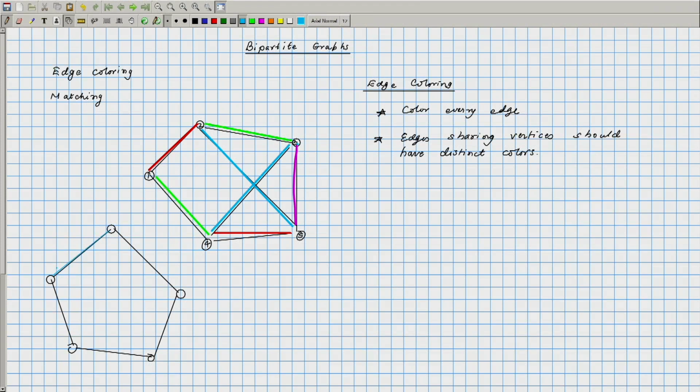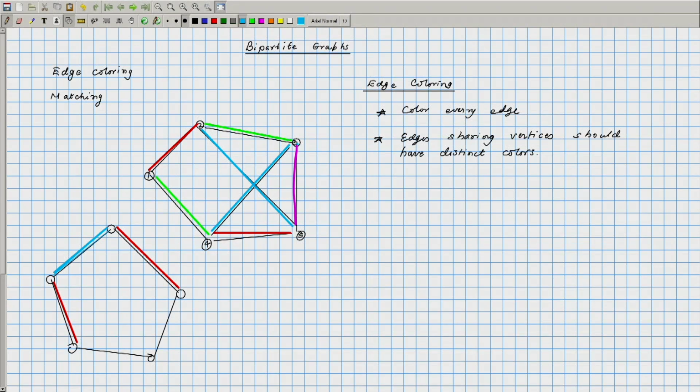one of the edges is colored blue and then its neighboring edges have to be colored using a different color. So, let us say that is red, and then its neighbor has to be colored using blue.